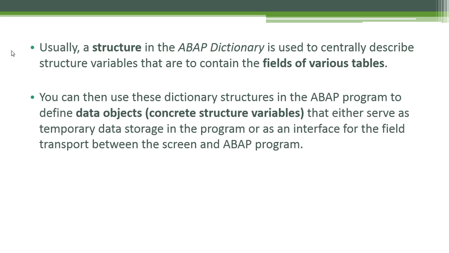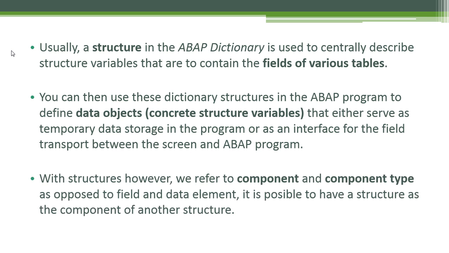You can then use these dictionary structures in the ABAP program to define data objects, concrete structured variables, that either serve as temporary data storage in the program or as an interface for the field transport between the screen and ABAP program. With structures, however, we refer to component and component type, as opposed to field and data element. It is possible to have a structure as the component of another structure.